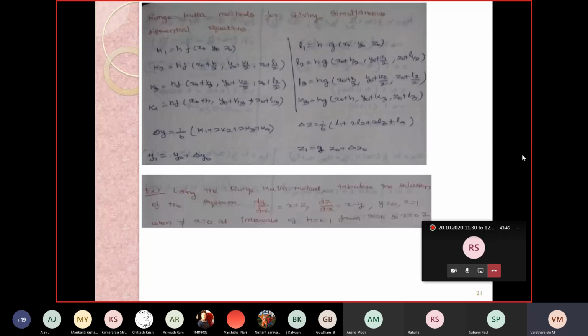This is the next problem, exercise number 4. Please make a note: using the Runge Kutta method, tabulate the solution of the system dy by dx is equal to x plus z, and dz by dx is equal to x minus y, if y is equal to 0 and z is equal to 1 when x is equal to 0, at intervals of x equal to 0.1, from x equal to 0 to x equal to 0.2.